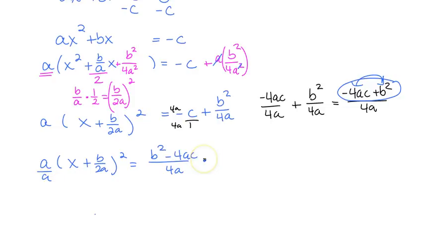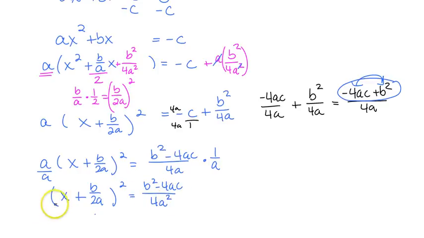So the reciprocal of a is 1 over a. It's going to make things a little bit easier for us. So we've got x plus b over 2a, quantity squared. And we have the a, so we've got b squared minus 4ac all over 4a squared.